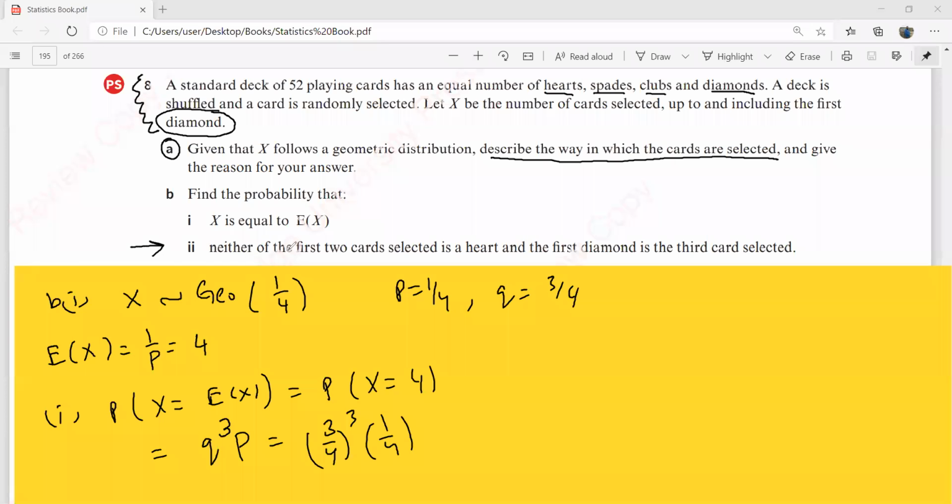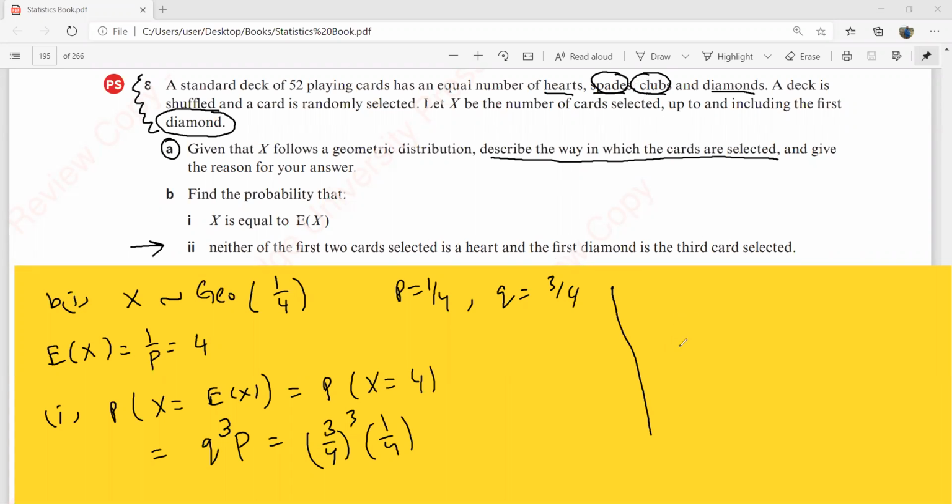It says neither of the first two cards selected is a heart and the first diamond is the third card. So indirectly it is saying neither of the first two cards is a heart or a diamond. So it means the first two cards are either spades or clubs. So that makes half of the whole pack of cards, okay?